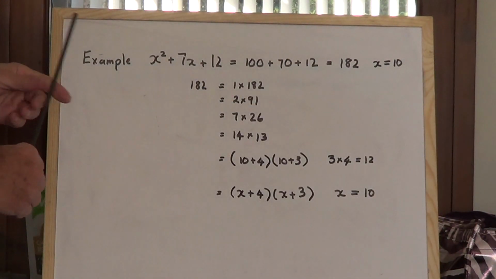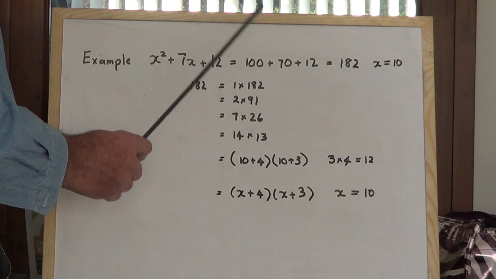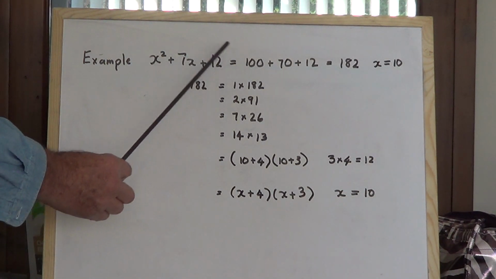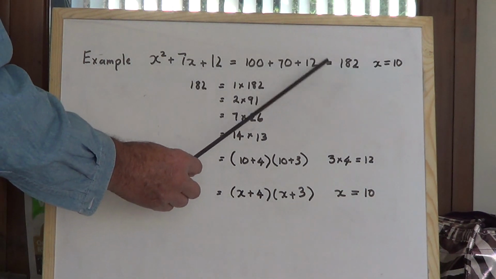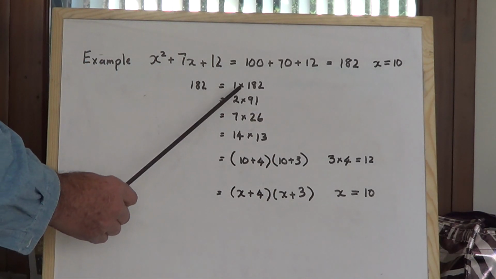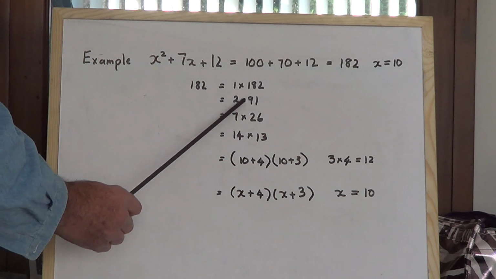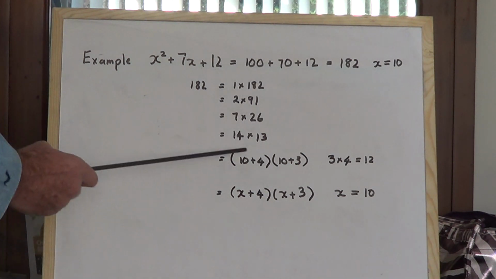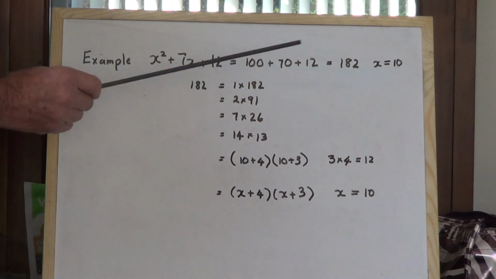Okay. We have x squared plus 7x plus 12. We replace x by 10, so x squared will be 100, 7x will be 70, plus 12 will give you 182 when x is 10. 182 is 1 times 182, 2 times 91, 7 times 26, 14 times 13, which looks to be quite good.